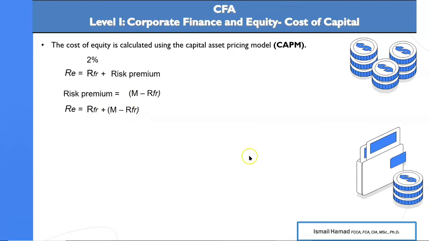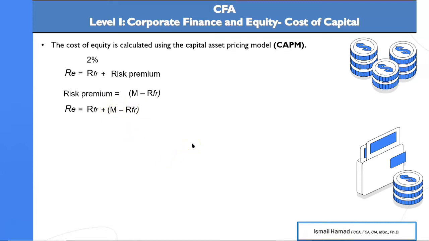So we need to compensate each company separately based on a risk factor that is not exactly market return minus risk-free rate of return, because in this way everyone will get the market return. But if my company is riskier than the market, I should get more than the market.